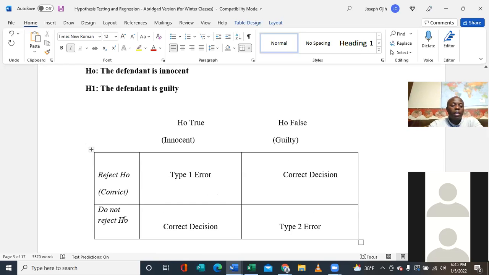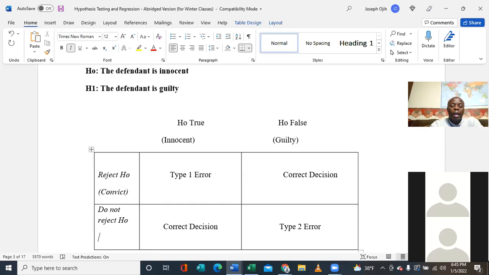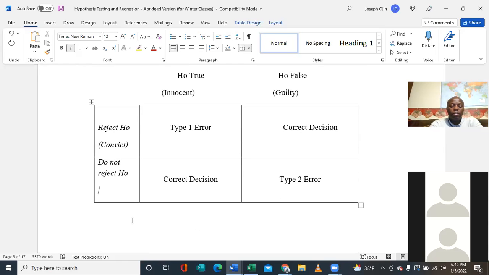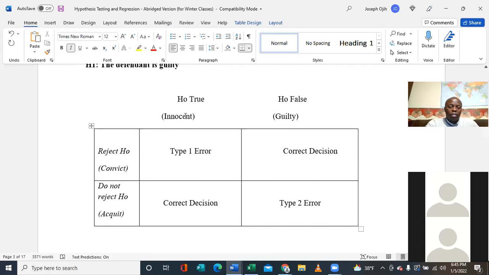Do not reject H0 means to acquit the defendant. Now, if the defendant is innocent, but there's not enough evidence to prove that he or she is innocent, that means he becomes convicted. The court has committed type 1 error.